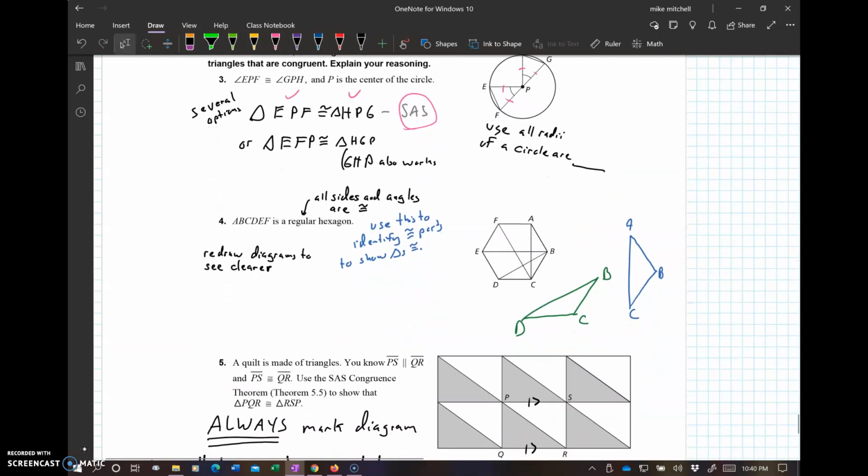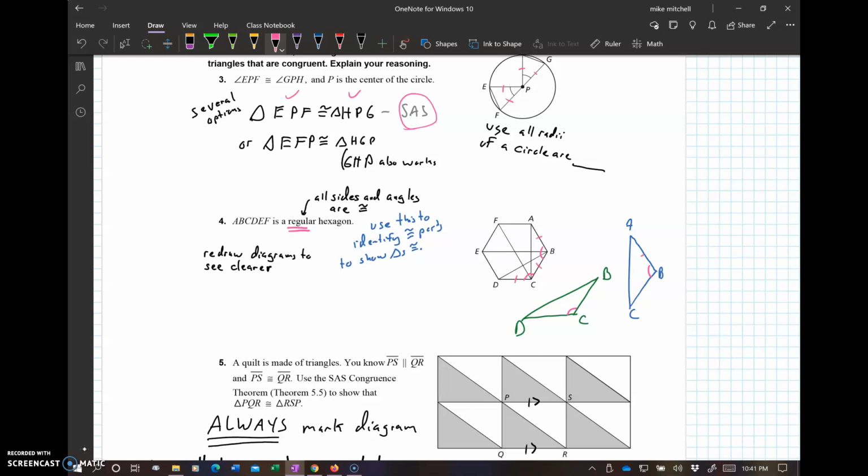Okay. Regular hexagon. I forget how much we've talked about this. Regular means all sides and angles are congruent. Now again, I can get other triangles congruent over here, but we know all their angles are congruent. So that makes this angle, because that's this angle here. This angle is this one there. They have to be congruent.